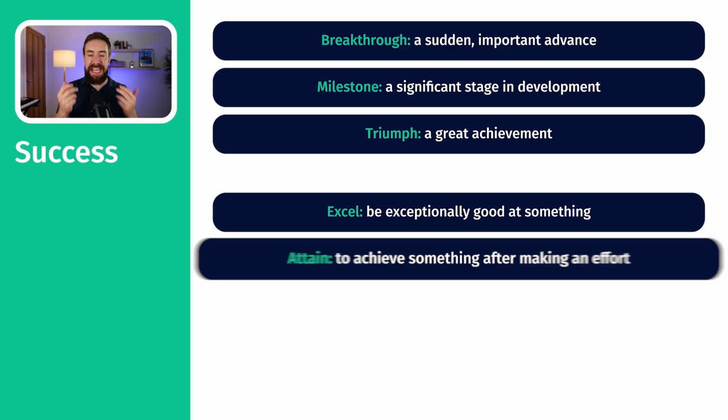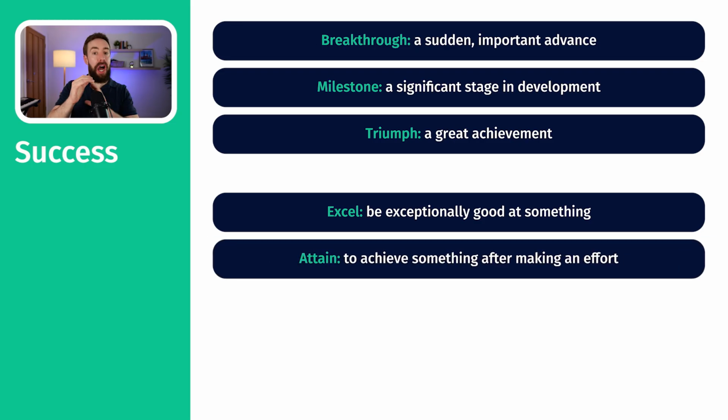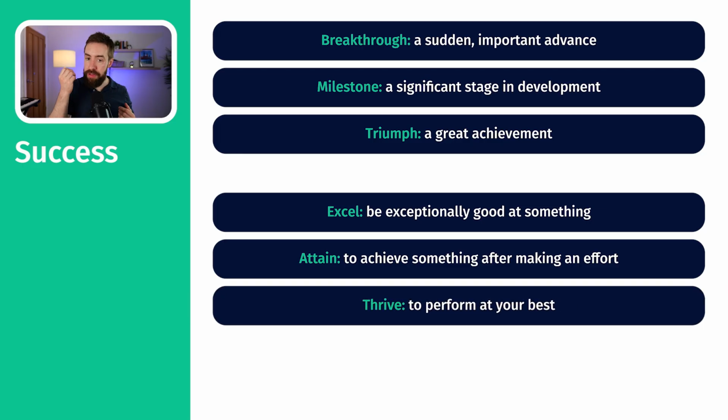The next one is attain, and we often say attain a good grade, for example. And that means you achieve something after you've put in a lot of effort. If you are thriving, to thrive, that's performing at your best. And a good example of this would be something like a footballer who's playing at one team and he's not playing very well.